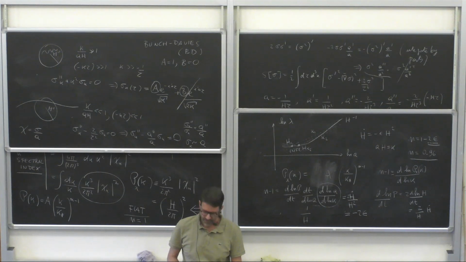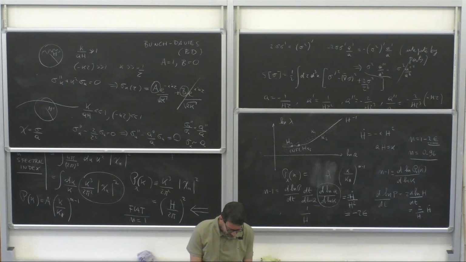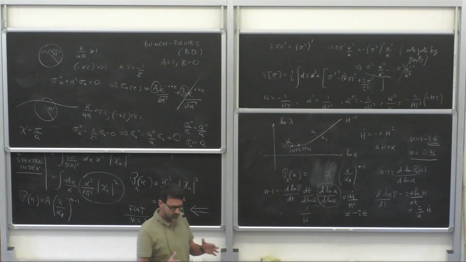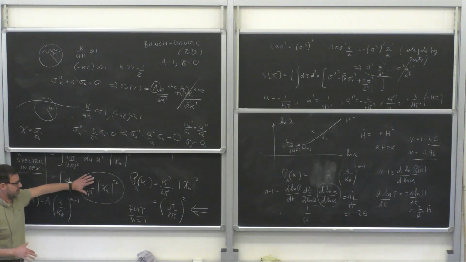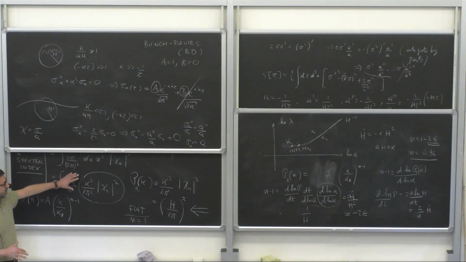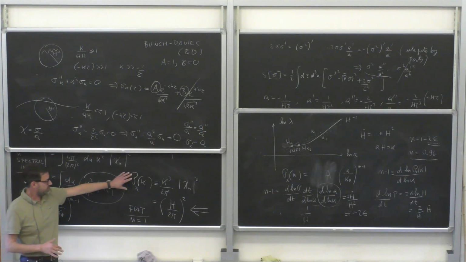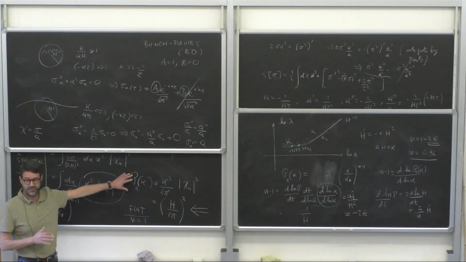All right. So how much time do I have for the first lecture? 10 minutes. Okay. So now I want to take advantage of this simple picture. The plan of the lectures is to use this building block to write down the power spectrum of a quantity that we can observe.